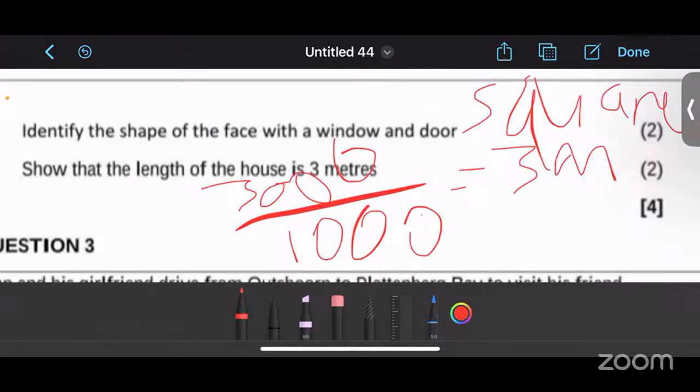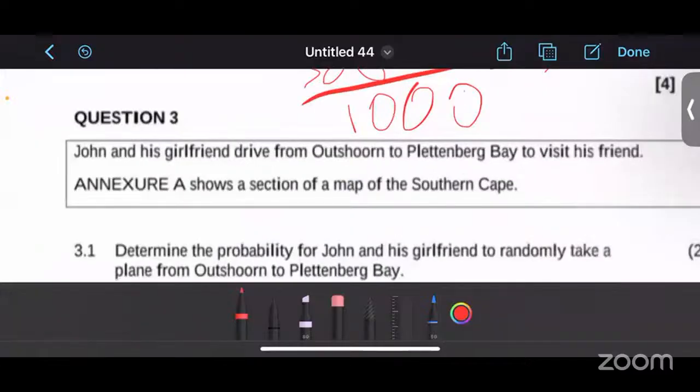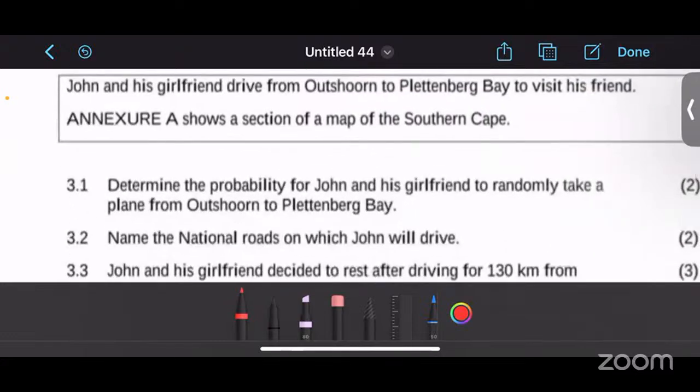Okay. Now let's go to John. They say John and his girlfriend drive from Oshoek to Plettenberg Bay to visit his friend. And Annexure A shows a section of a map of the Southern Cape.